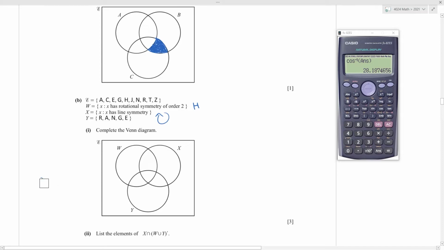And let's continue for the rest of the letters. J won't have rotational symmetry order 2. N. So let's look at N. Rotate 90 degree like this. I will get something like this. Rotate another 90 degree like this, or take it up to 180 degree total rotation.